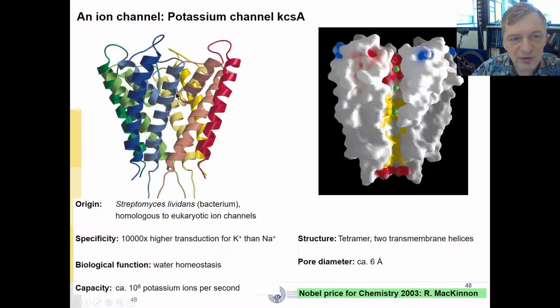That is actually the selectivity gate itself. So that is a specific structural element. You cannot predict this by just knowing I have 2 transmembrane helices and something attached to it. There are many other proteins that have 2 transmembrane helices, but they do not form tetramers like that one.